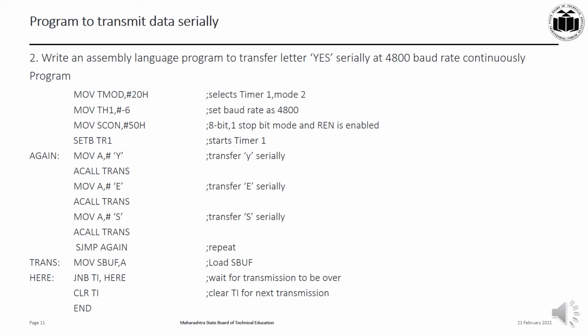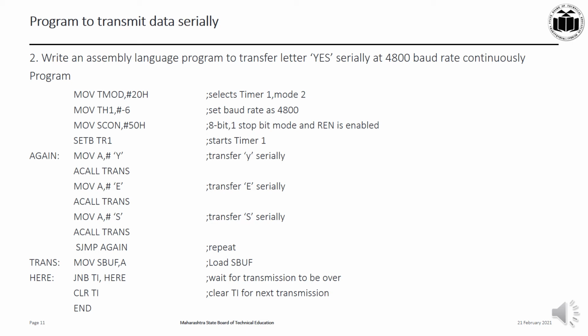After that we have to set the timer to run. Now we can transfer whatever character we have to send, one by one, into the accumulator, and we can call the subroutine trans.